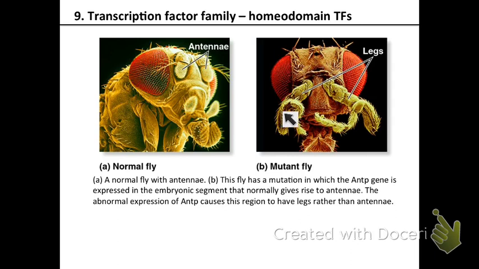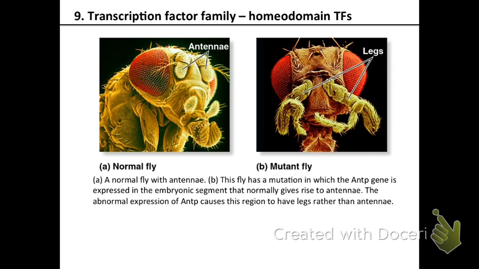And the reason for that is it has a mutation in the Antennapedia gene, which is expressed in the wrong place in embryonic development. And now, because it's expressed and it's sufficient to drive the development of these legs, this animal has the unfortunate fate of having these legs coming out of his head, right?